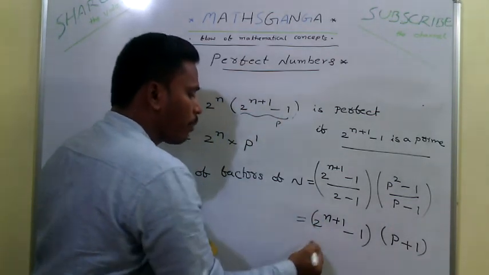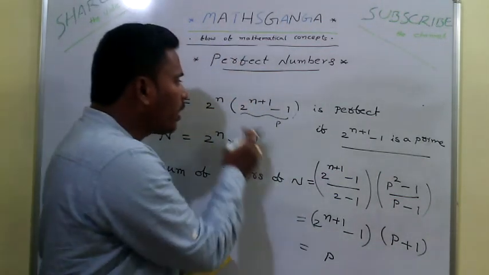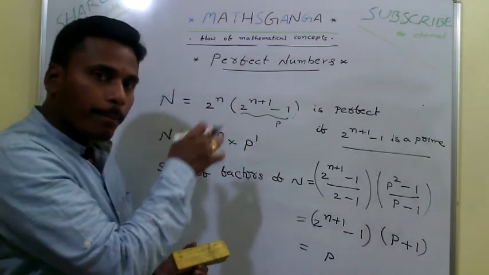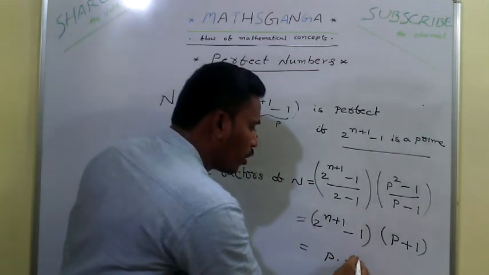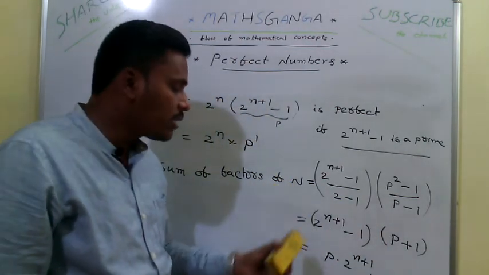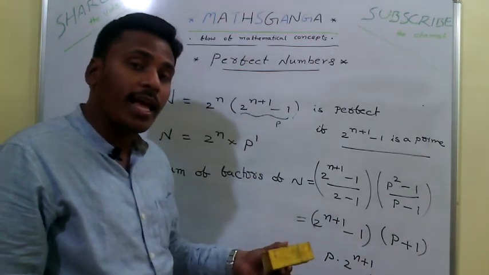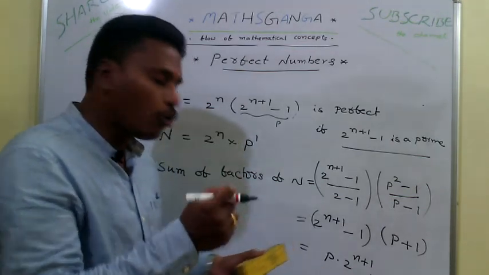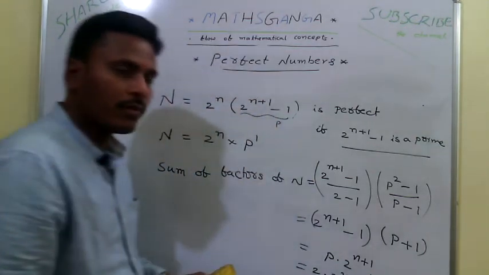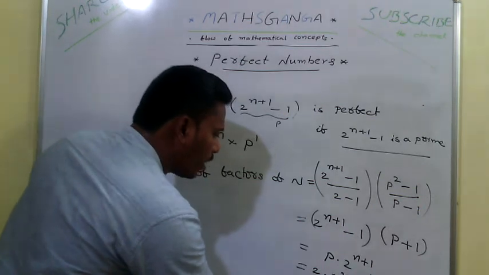So p plus 1 is 2^(n+1), since we send the minus 1 to this side. So the sum of the factors of n is p into 2^(n+1). We write 2^(n+1) as 2 into 2^n, so this equals 2 into 2^n into p. And 2^n into p is n, so this equals 2n.